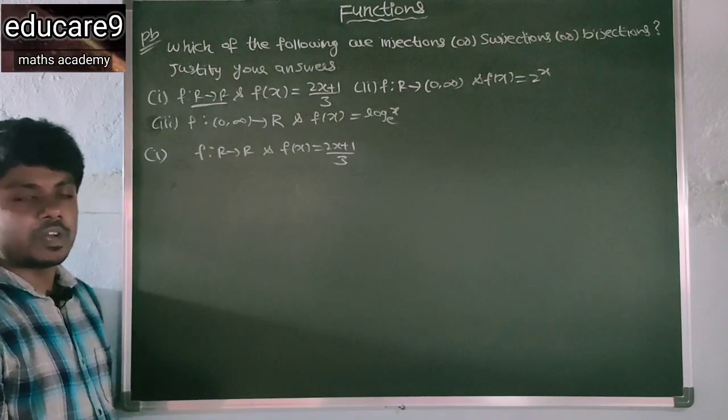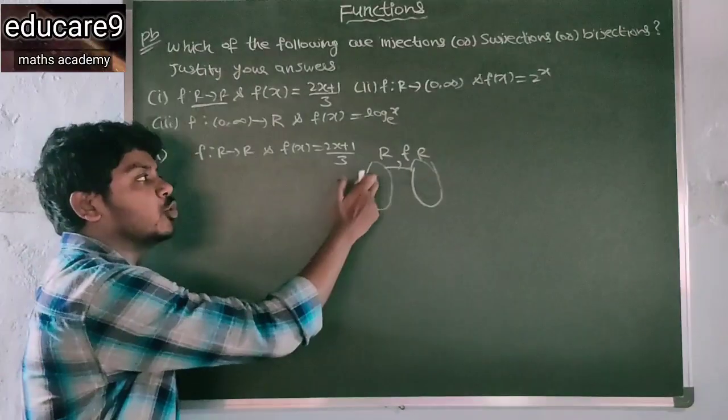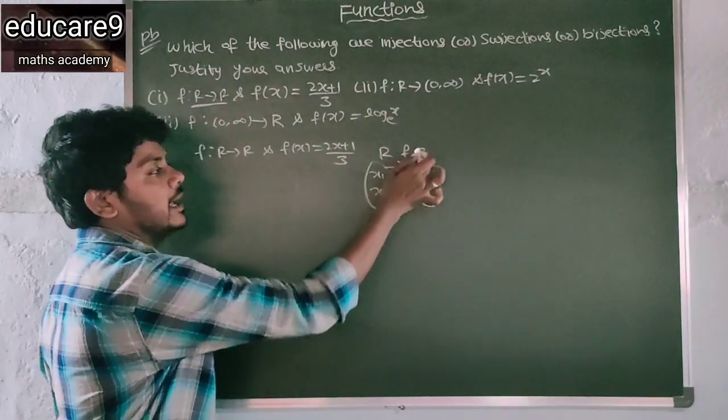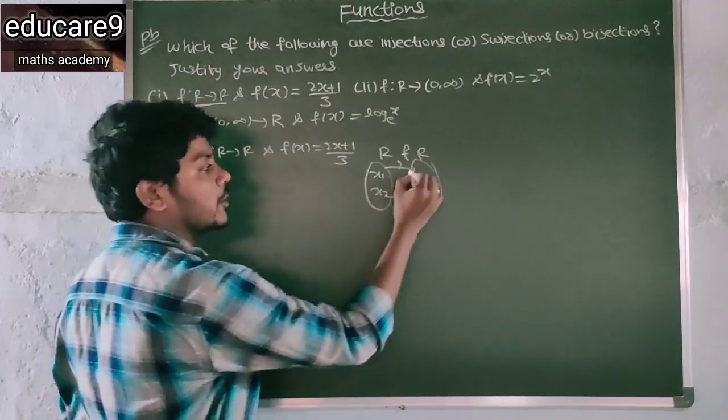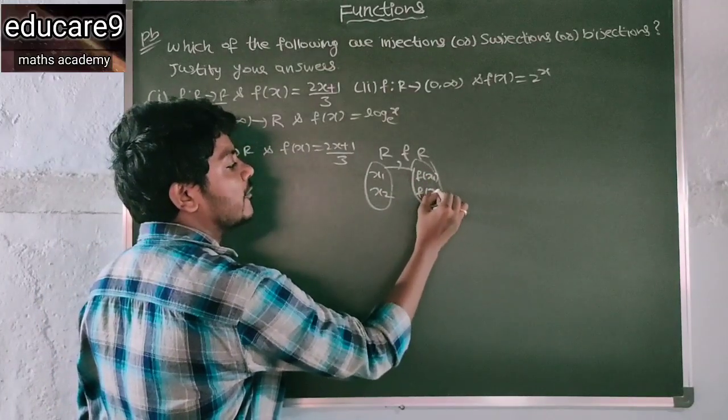So is it one-one or not? For a one-one function, let's take two elements in the domain, that is x1, x2, and the corresponding elements in the codomain, f of x1, f of x2.